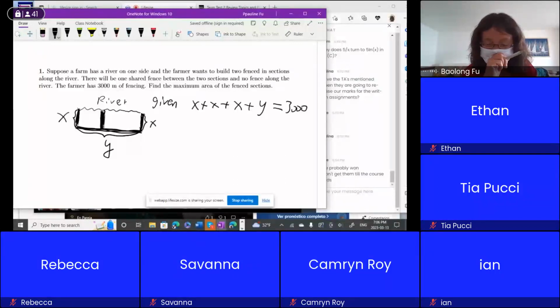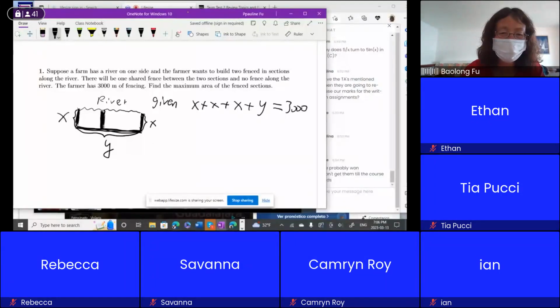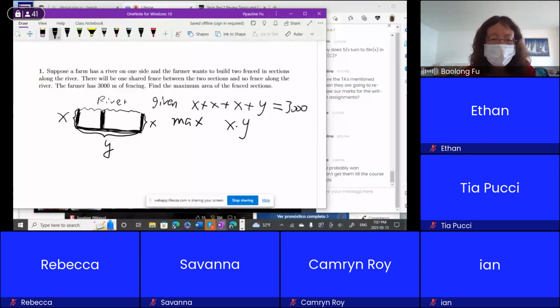Given this, what is the maximum area? The area is just X times Y. Do you agree? Area is X times Y. Any questions?